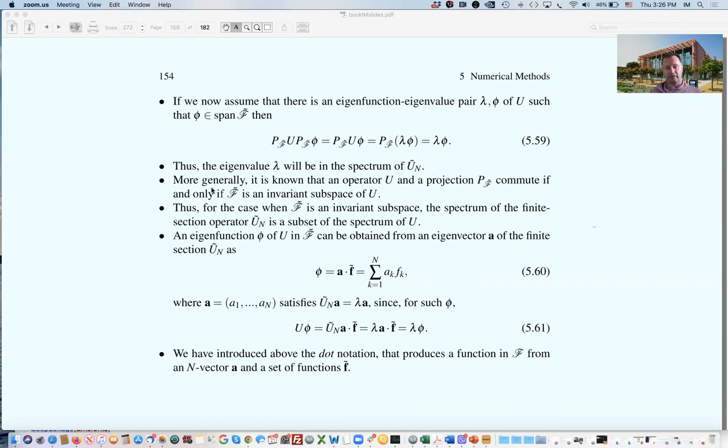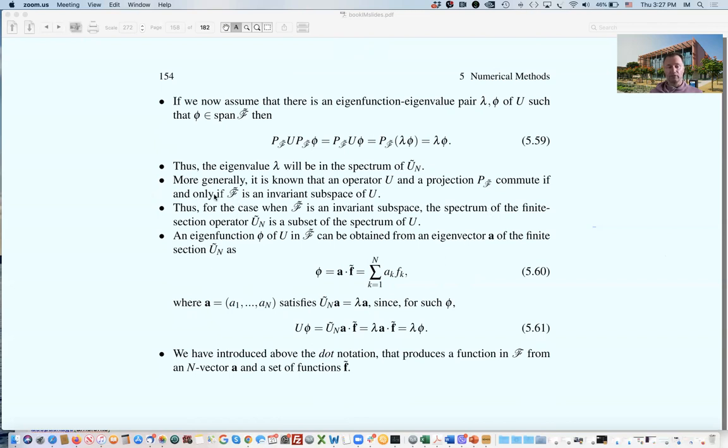So actually, more generally, for an operator U and a projection P_F, what we proved here is that they commute, right? Applying U P_F is the same as applying P_F U. So they commute.